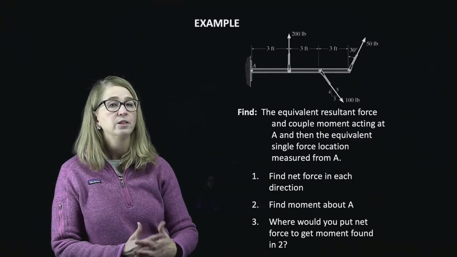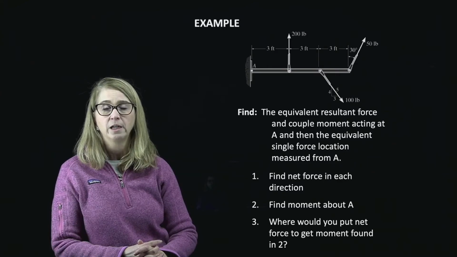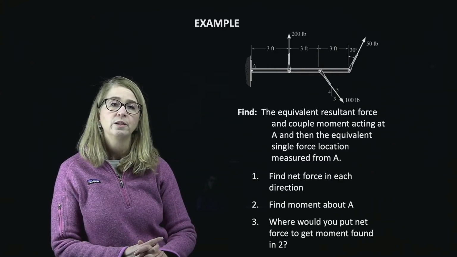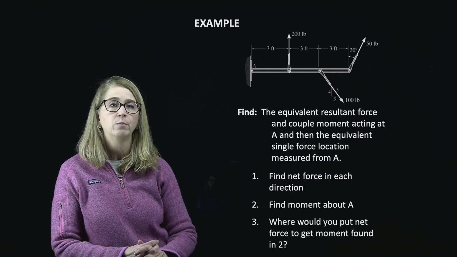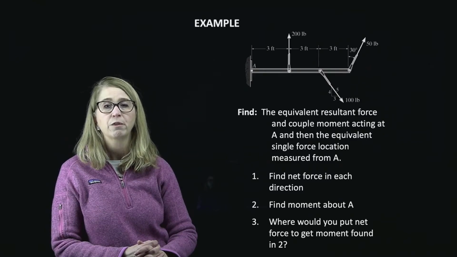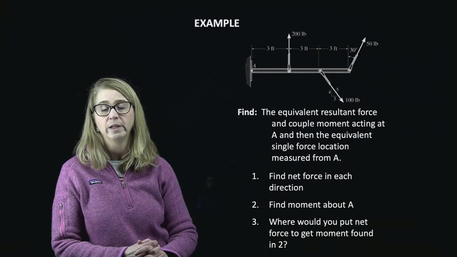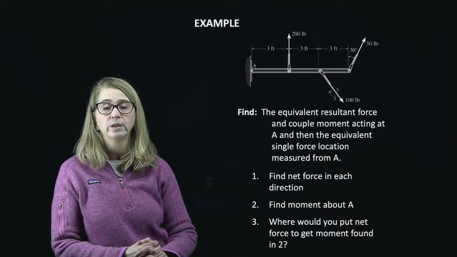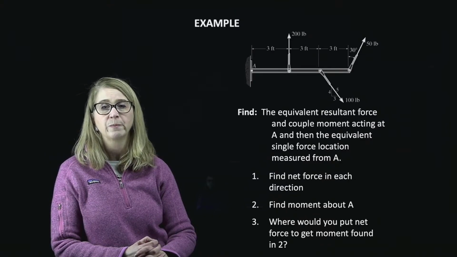Then, in this particular problem, we don't have any couples acting on that beam, but we're going to see what kind of moment about point A my three forces create, because my resultant moment at the end has to be the same. So now in steps 1 and 2, we have figured out the total moment that we need for our equivalent system and our total force.